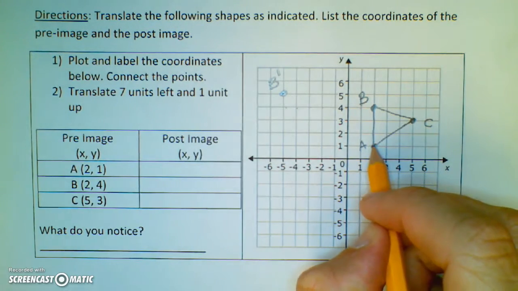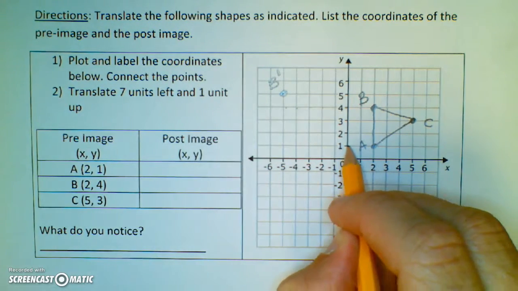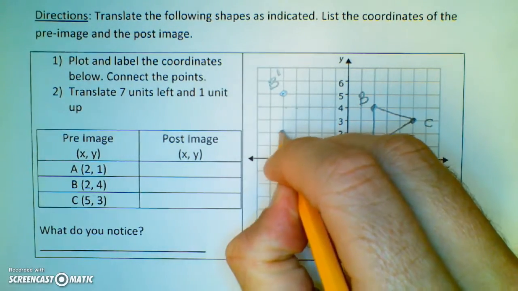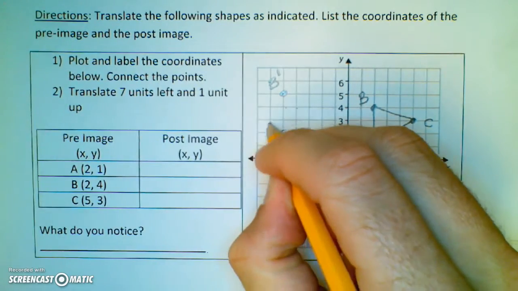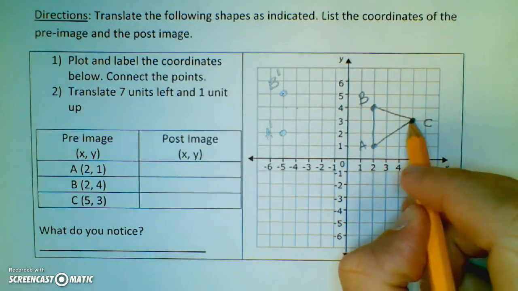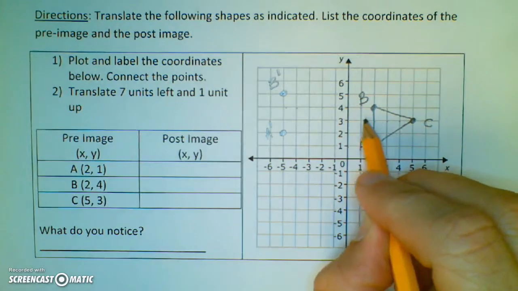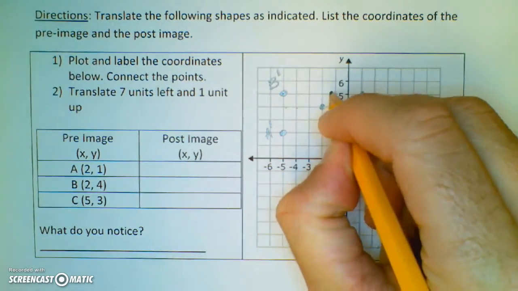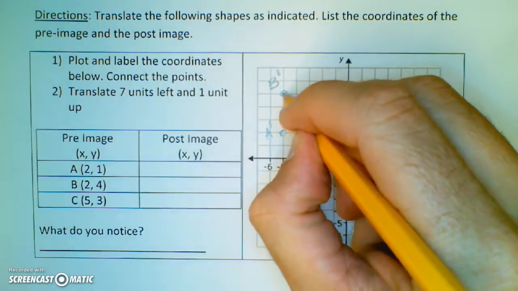Do the same thing for A: 1, 2, 3, 4, 5, 6, 7, and up 1. A prime. And then for C, 1, 2, 3, 4, 5, 6, 7, and up 1. C prime. Connect the dots.